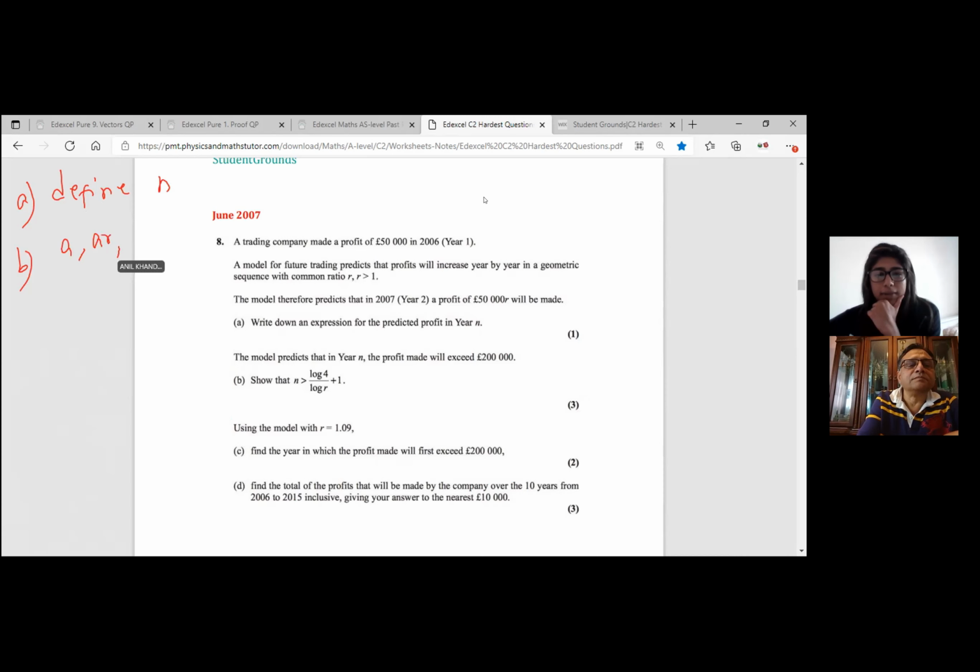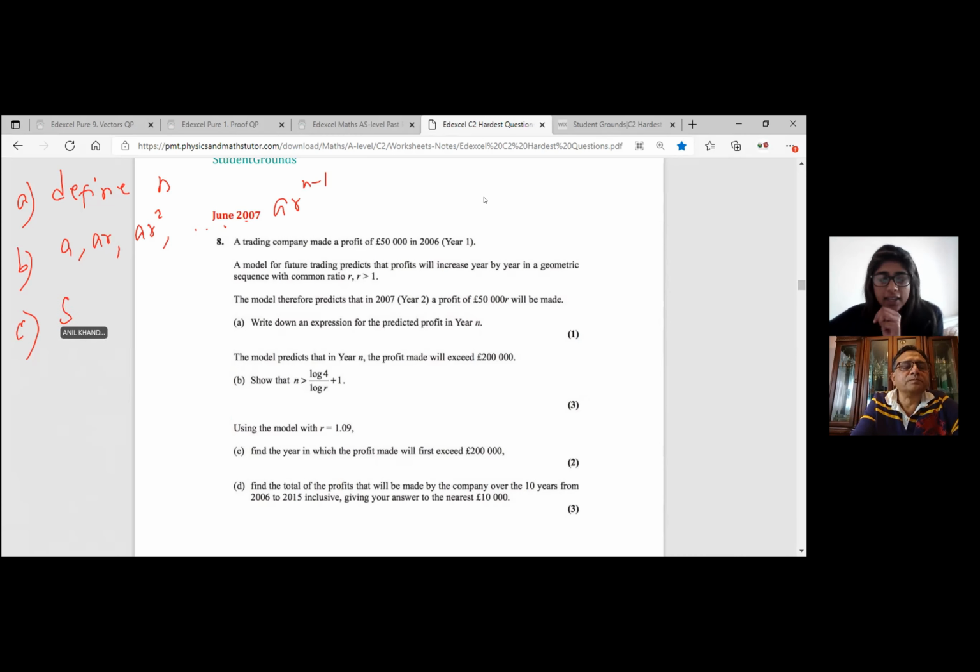When we substituted the values given to us, like year 1 is 2006 and year 2 is 2007, we found the formula to understand the predicted profit. Then part B is to do with inequalities. So simply making the formula we just calculated exceed 200,000, and then working through it as an algebraic equation, and then taking logs on both sides.